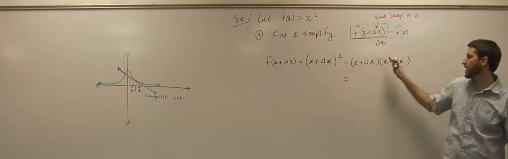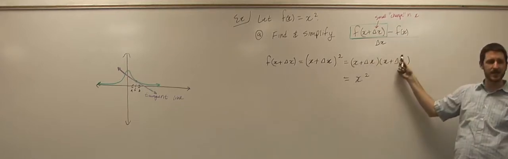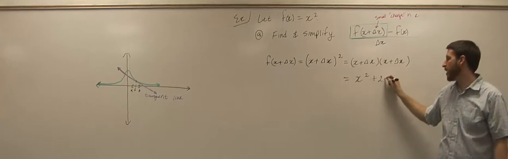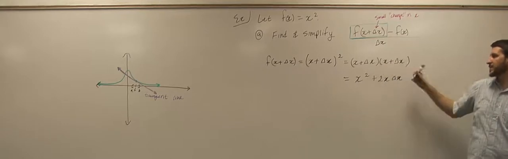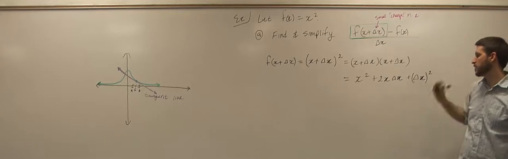So you'll get x times x is x squared, x times delta x, and then x times delta x again, so 2x delta x. And then delta x times delta x, delta x squared. Just like that.